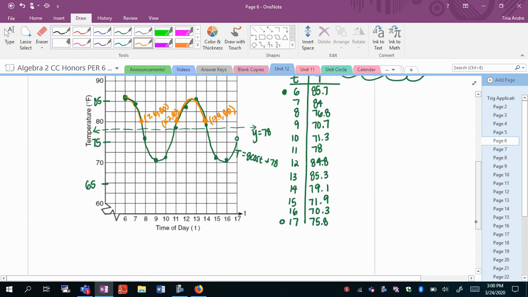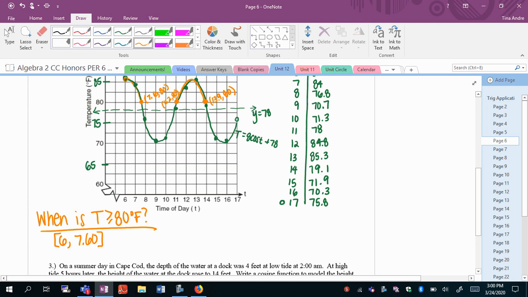So really when we look at our picture, so when is the temperature greater than or equal to 80 degrees? Well, it's from 6, including 6, so from 6 to 7.60. And then it's also from this section here.